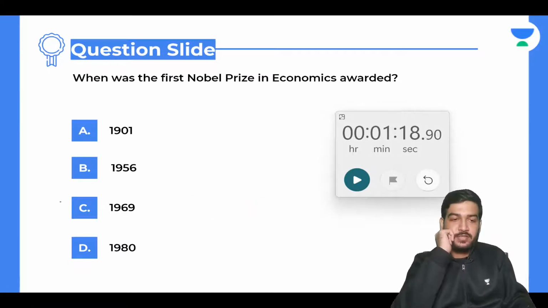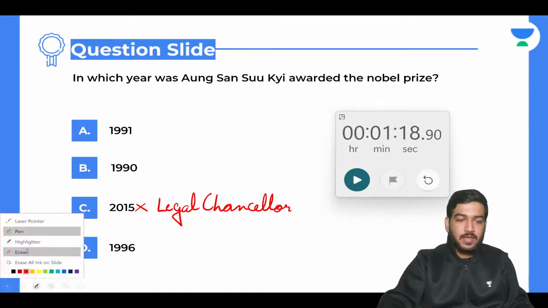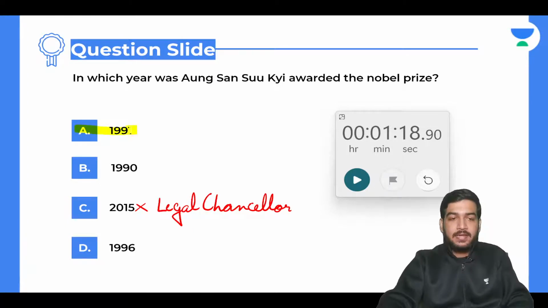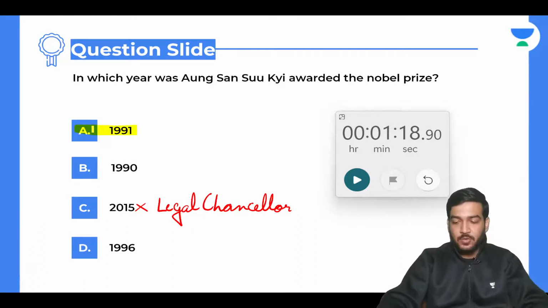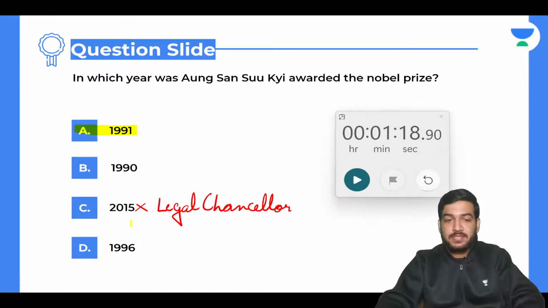So the answer to this question is A 1991. Very good to our viewers Afsar Jamal and Trasik, who got the answer correct, spot on, within 30 seconds. So 1991 is when she was awarded the Nobel Peace Prize. Peace was the category in which she was awarded.